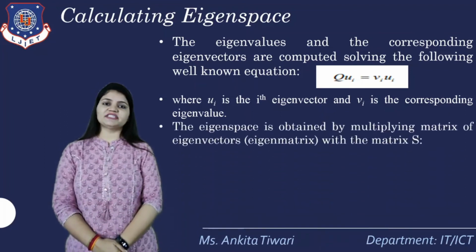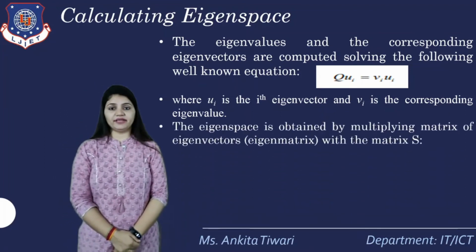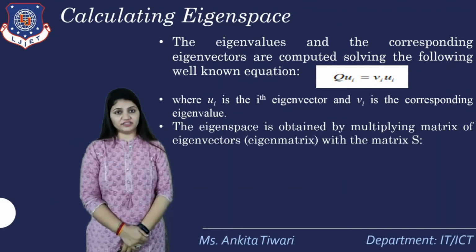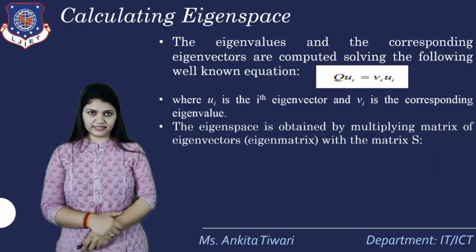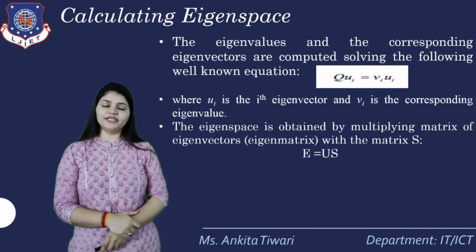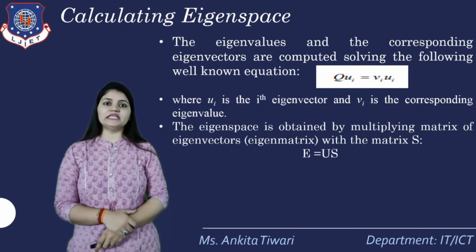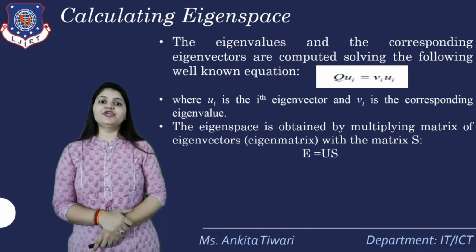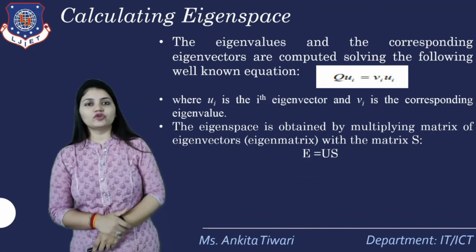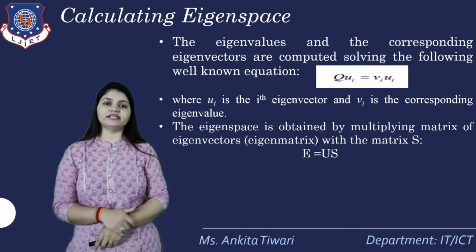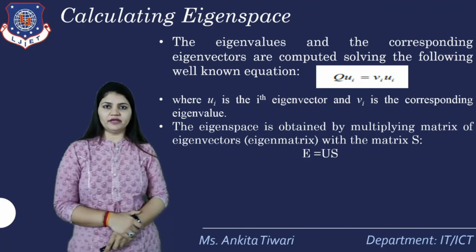So here the eigenspace is obtained by multiplying the matrix of the eigenvectors, that is the eigenmatrix, with the matrix S. This is defined by the formula E equals U S, where U is the matrix of eigenvectors and S is the matrix that we are taking.